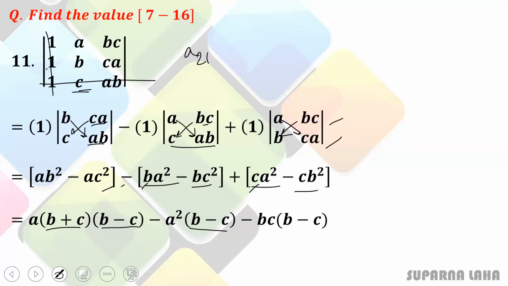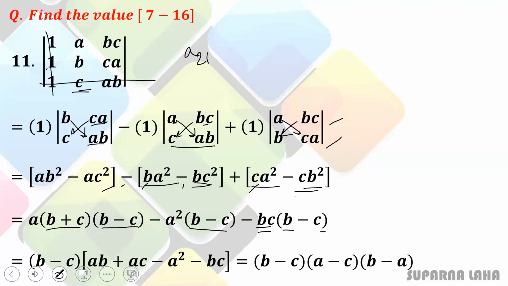This is plus, minus minus plus, and this will be minus. So taking minus BC common from these two terms, you will find this is also given by B minus C. Right. Now take B minus C common. So the remaining terms are AB plus AC, here multiply this A with B plus C, so AB plus AC minus A square minus BC.